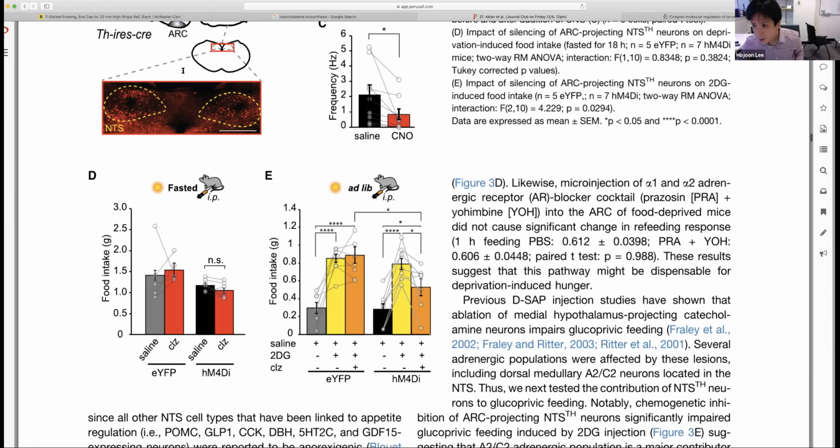So how does this work, the 2DG? How does this induce glucoprivic hunger? Does it just decrease the glucose level? What is 2DG? Deoxy-D-glucose.